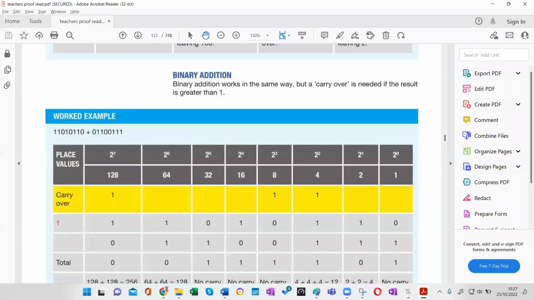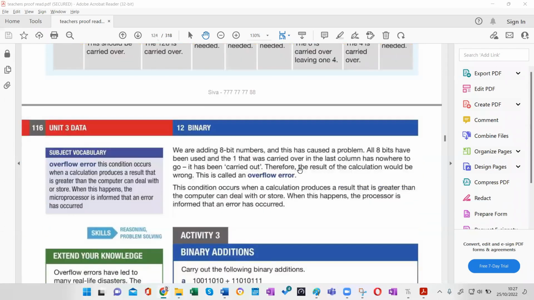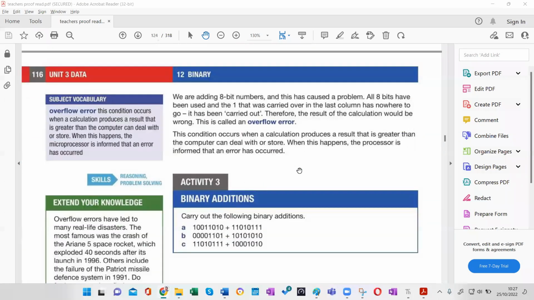Now, if you look at this example they have given here. Now look at this.